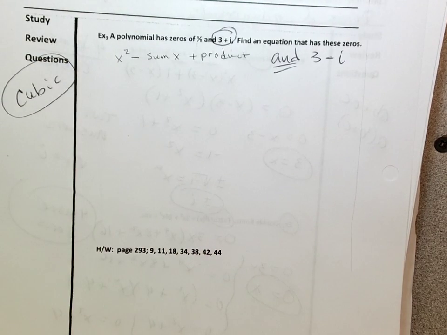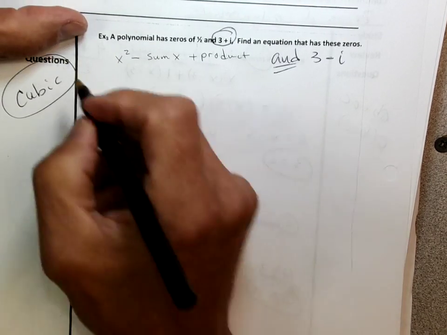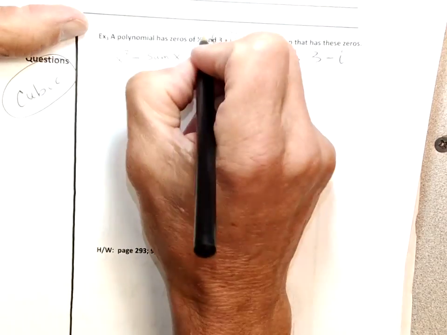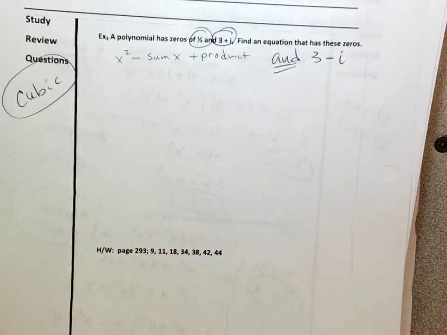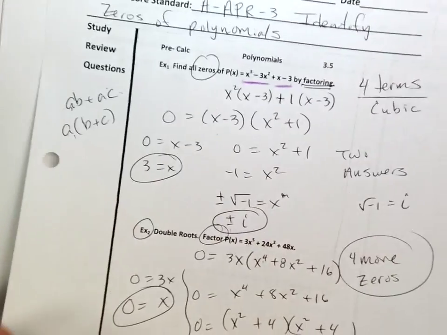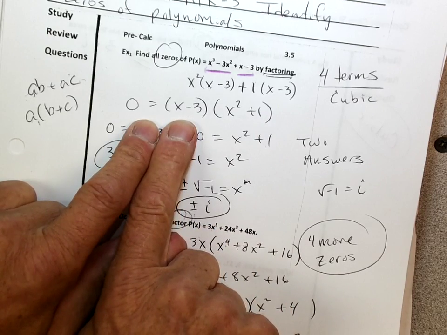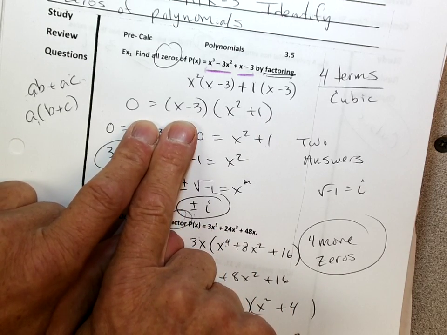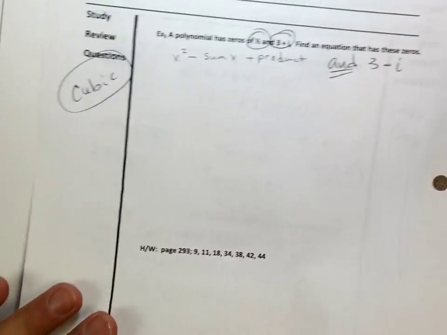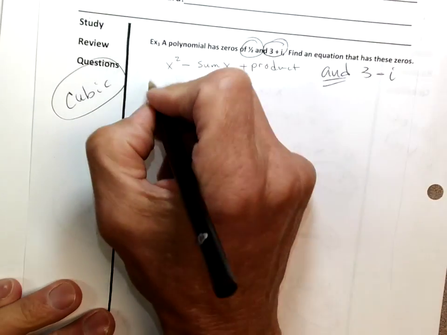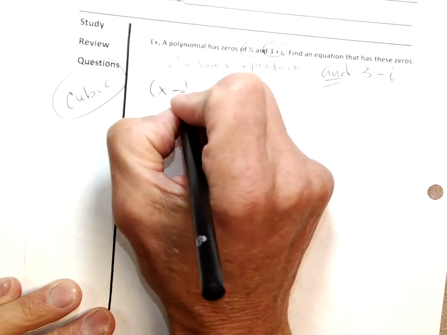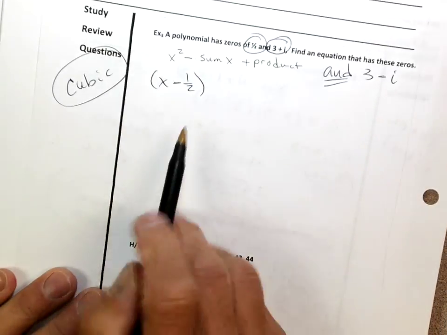So let's put it back together. So we have, if I had an answer of 1/2, okay? Are we looking? I'm going to flip the page. If I had an answer of 1/2, it would have come from factoring, right? So let's put the 1/2 back into a factored form. So I could have an x minus a 1/2, okay? That would give me an answer of 1/2.